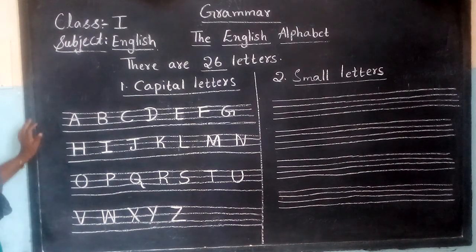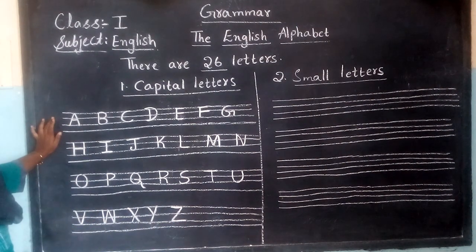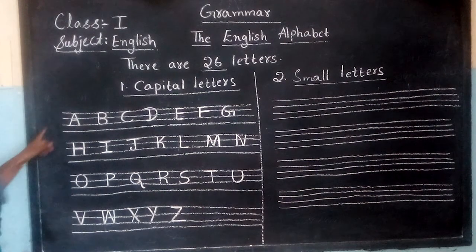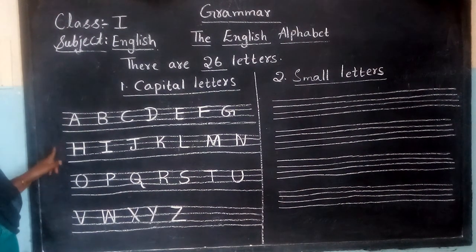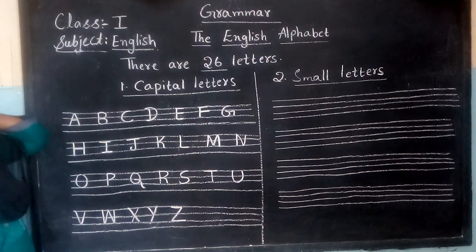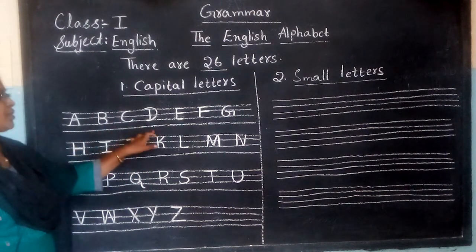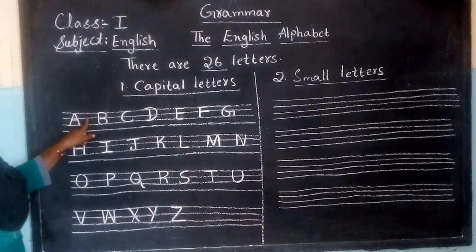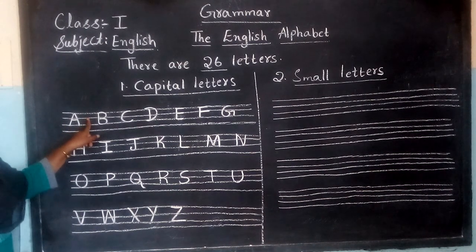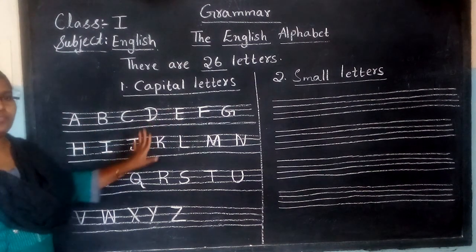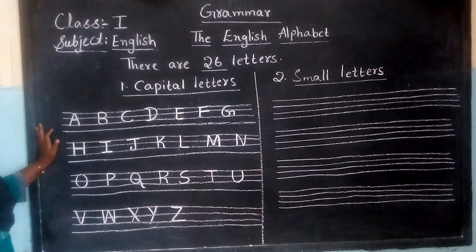Okay, children, see here I wrote all in the 3 lines. This is all called capital letters. For each letter you have to give a finger space. Yes children, each letter you have to give a finger space. So read one after one.